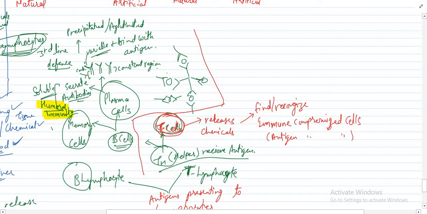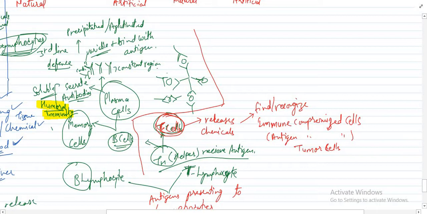Antigen compromised cells are those cells where the antigen has got involved into them. It means the antigen might have escaped into the cells, or otherwise their machinery is not working properly. It might be an immune compromised cell, an antigen compromised cell, or tumor cells in case of cancer. Their machinery gets lost, and these cells will be identified by these TC cells.